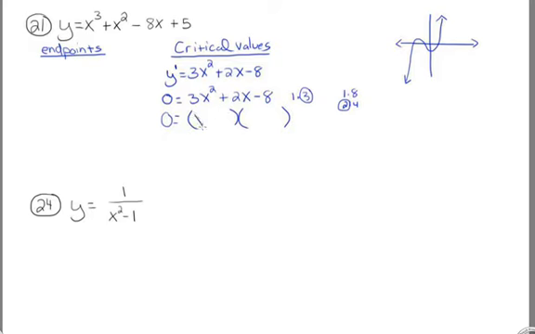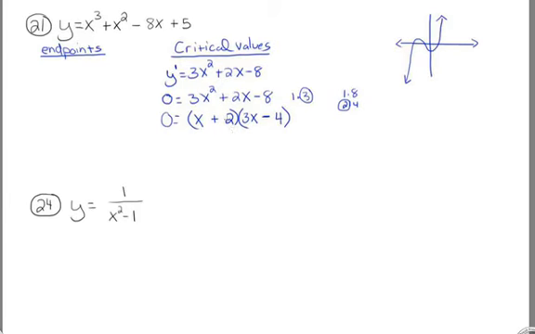So the 1x and 3x will be in the front parts. The 2 and the 4 will be in the back, but we need to make sure it's in the right order. I need to multiply the 3 times the 2. So the 2 needs to go in this spot, and the 4 needs to go here. And I want it to be a positive 2. So the 3 times the 2 is positive, and that would be negative.